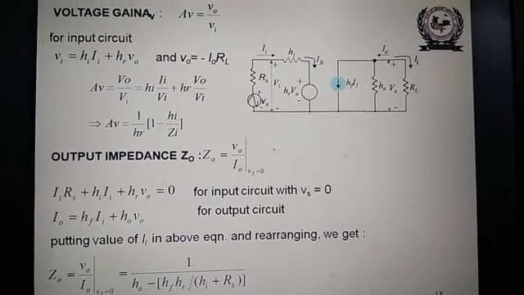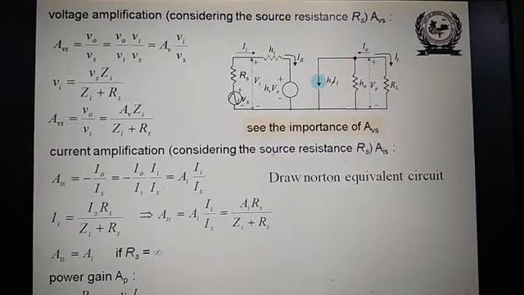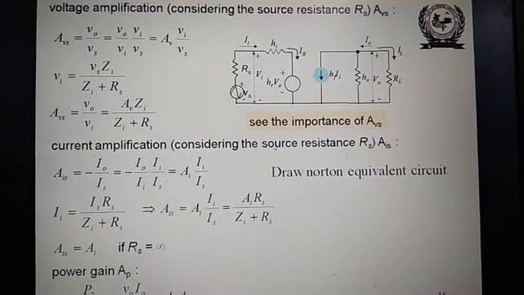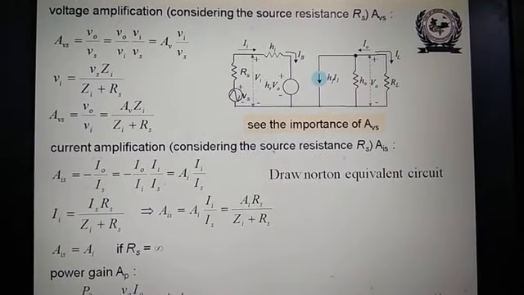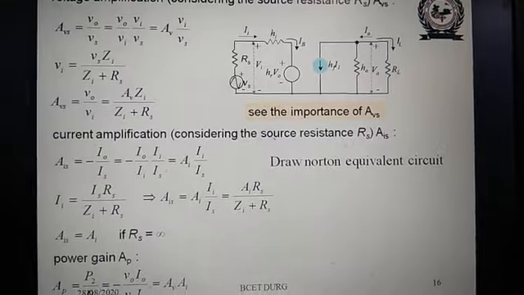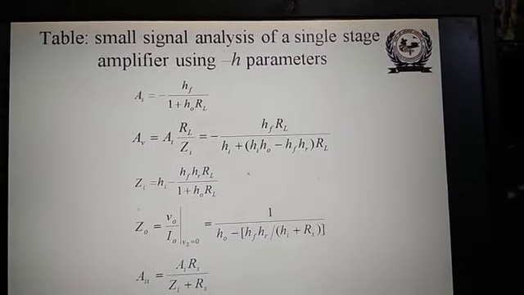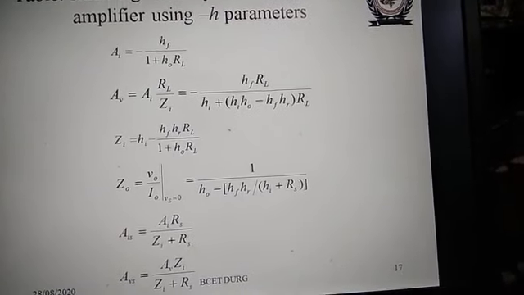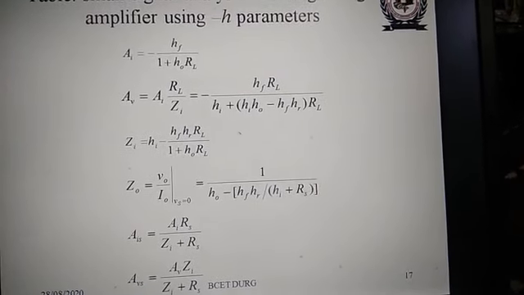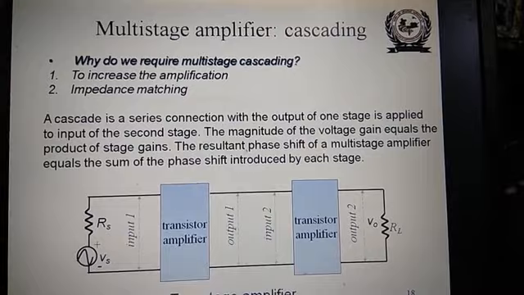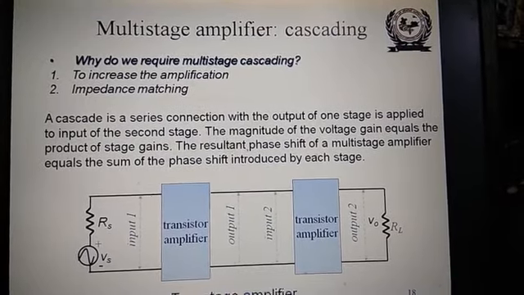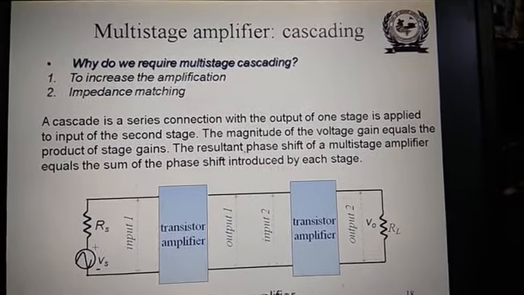In the next video I will explain all these things, and this is the analysis for all 4 parameters: voltage amplification, current amplification, and later on power gain. And this is the table with all the formulas shown here, that we will show in the next video, and later on I will tell something more about the H parameter model for the multi-stage cascading amplifier.